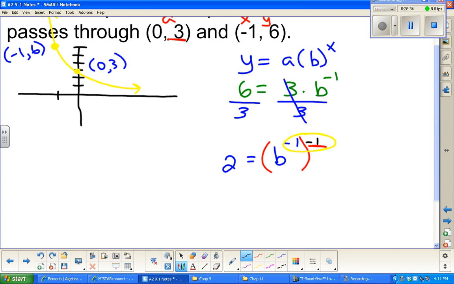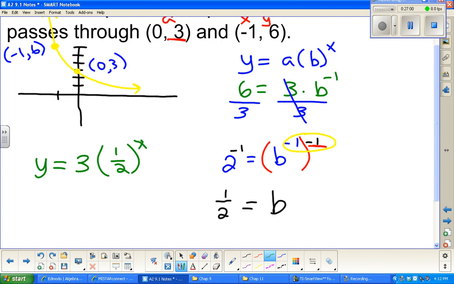Over here, negative 1 times negative 1 is positive 1, so this will be b to the first power. And 2 to the negative first power, remember, is a reciprocal because the exponent is negative, so it's 1/2. That should be our b value, and that's all we need to write the equation. The equation is y equals what we started with, 3, times the b value to the x power. And that's our equation.